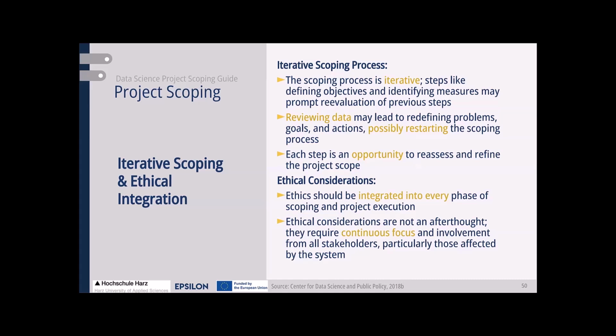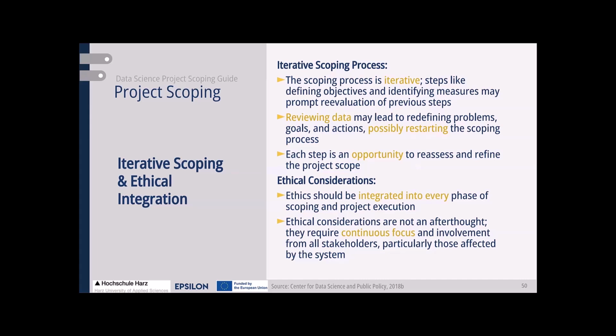And you should understand that each step of the project describes an opportunity to reassess the predefined project scope. The same holds true for the ethics. Ethics should not only be discussed at the very beginning of the project, they should always be integrated into every stage of the project and should be communicated to the non-profit organization as well. Because here it is the same as with the scope.